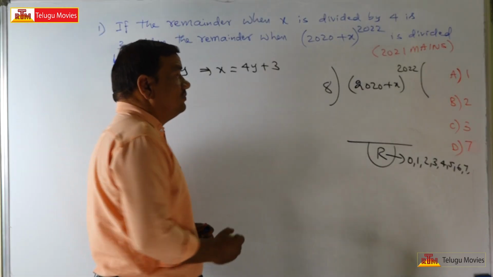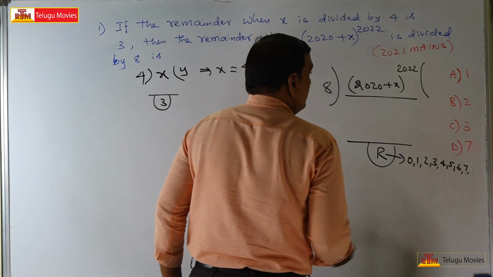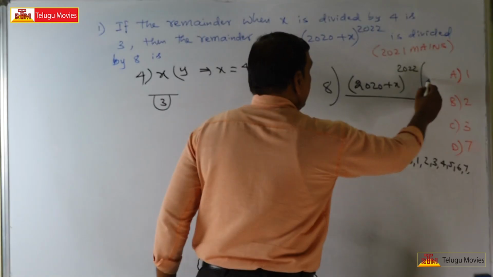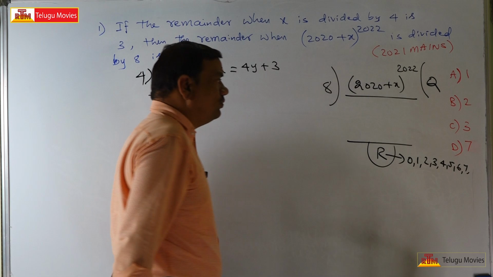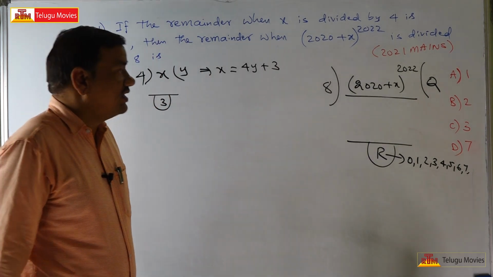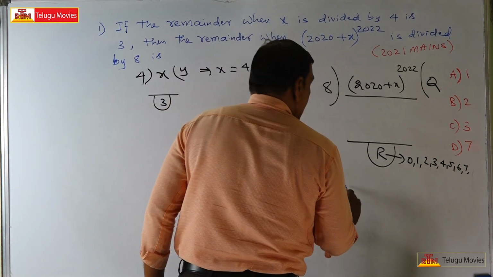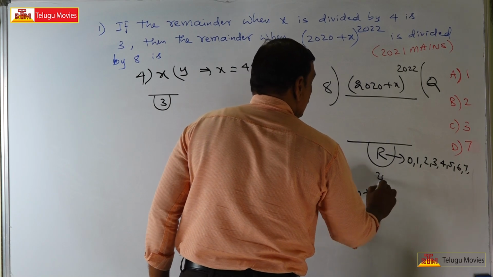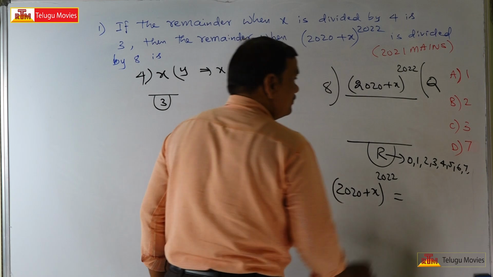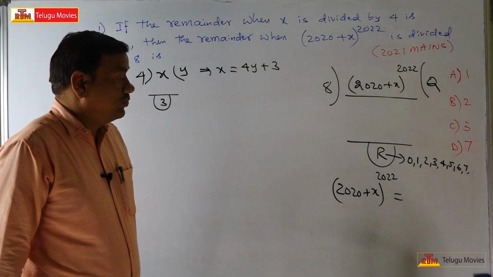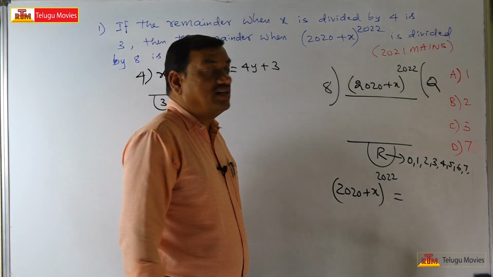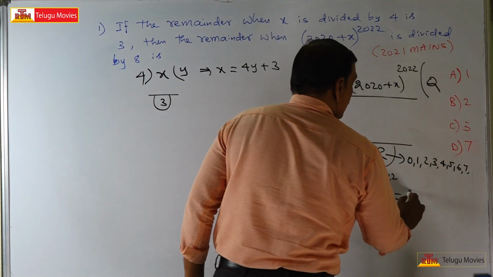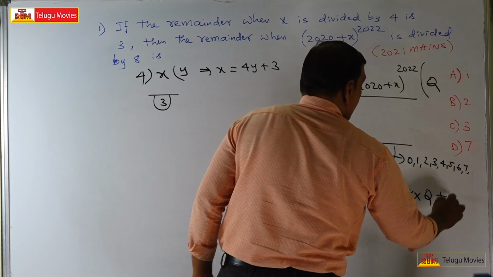This is a dividend, and we don't know the quotient, call it Q. That means dividend is equal to divisor into quotient plus remainder.